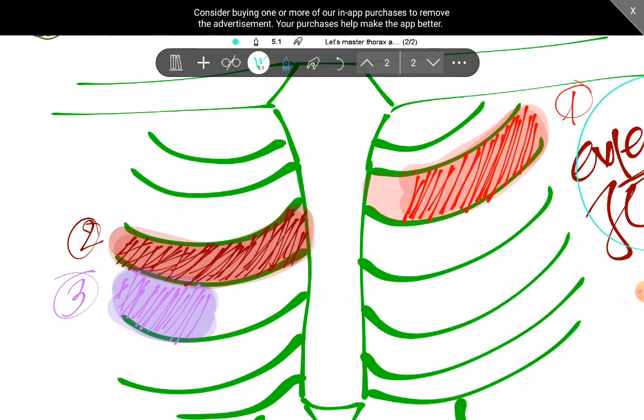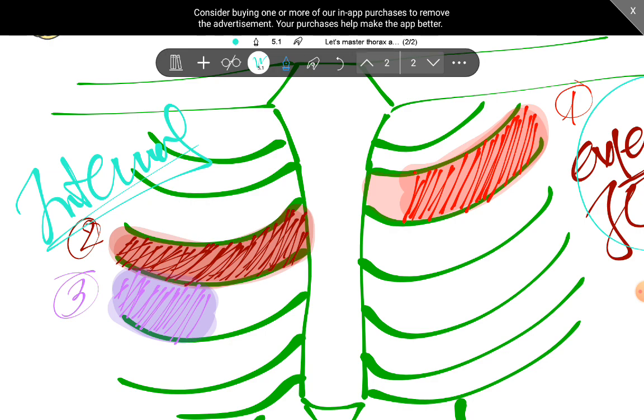The second muscle, as we can see here, extends downwards too, but it's going backwards. We cannot see a membrane here. That muscle is called the internal intercostal. The internal intercostal muscle extends downwards and backwards from the sternum to the angle of the rib posteriorly.